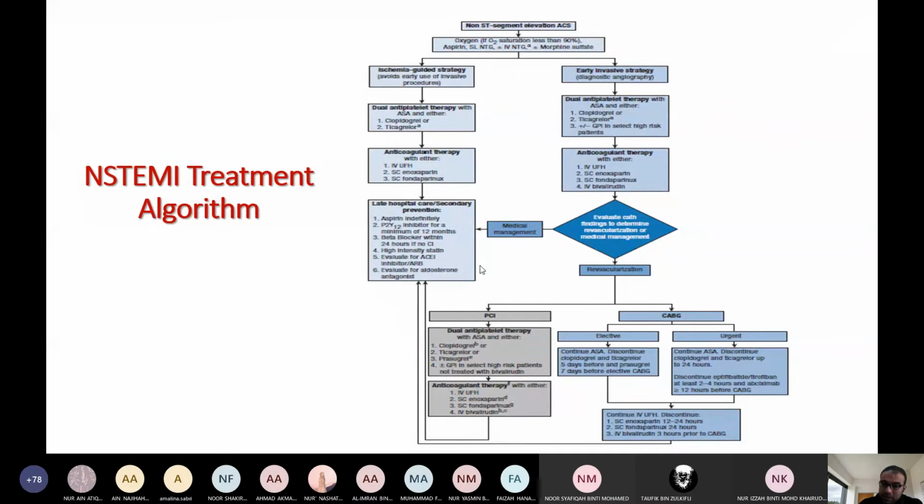That's all regarding the ischemic guided approach. Here, in the early invasive approach, besides taking this one and this one initially, this one here should be considered for revascularization.